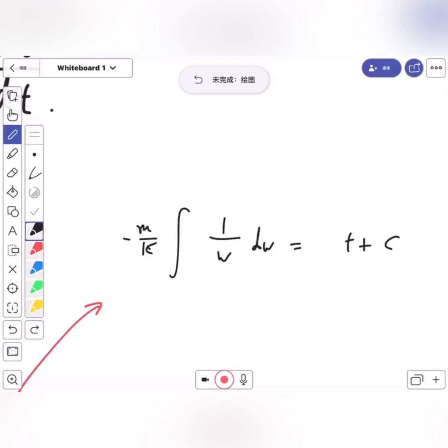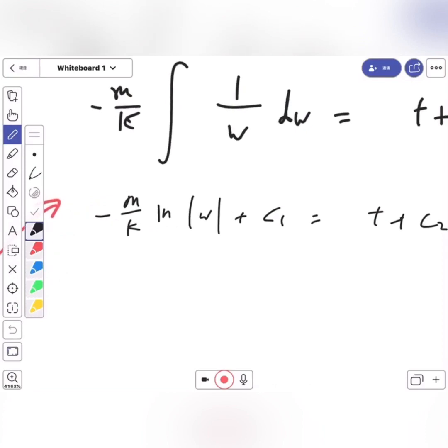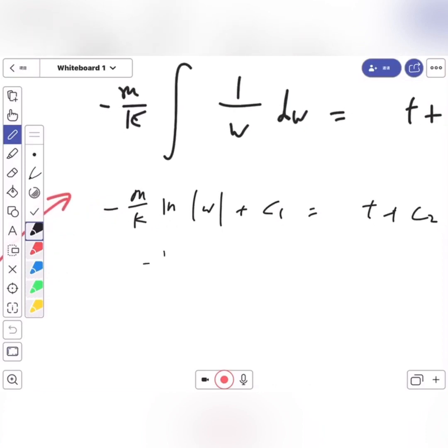So this gives us negative m over k ln of w plus c1 equal to t plus c2. Now move the c to the other side, and we have negative m over k ln of w equal to t plus c, where c is just a constant.